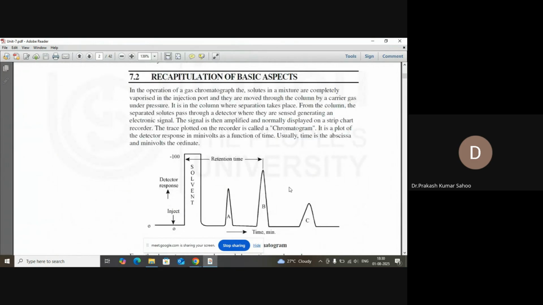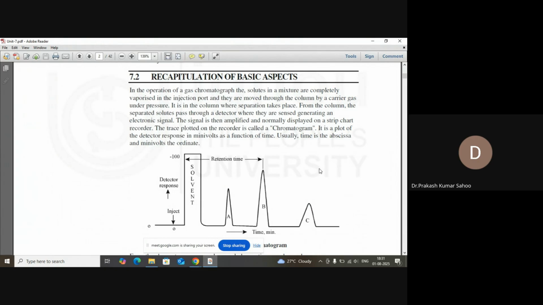In gas chromatography, just remember there is a carrier gas which is used to create the pressure inside your thermo oven, or thermo chamber. Then the sample is converted to vapor state, and the vapor of the sample is allowed to pass through the column made up of copper, aluminum, or stainless steel.